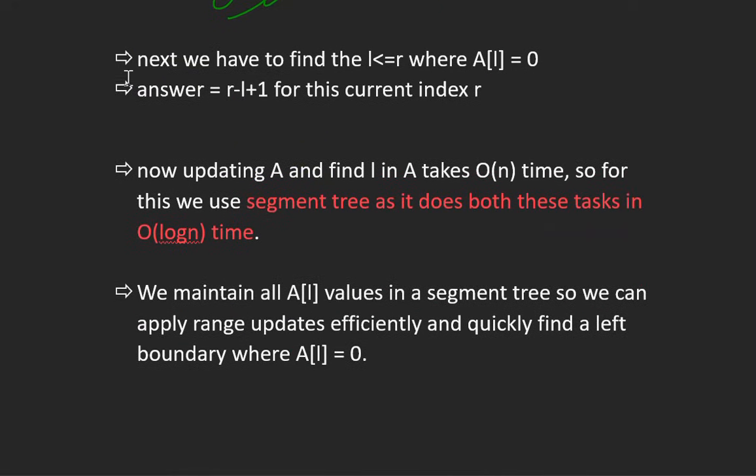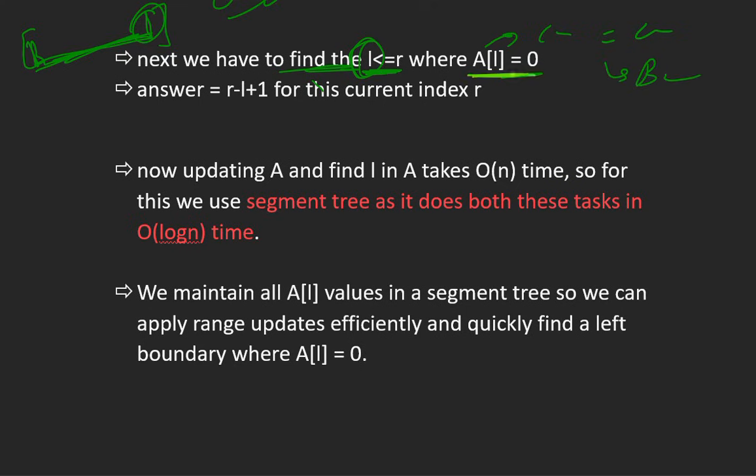So let's move ahead. Once we update the range for the new element, we update all the previous ranges. Now we have to find an index L smaller than r, where a of L is equal to 0. a of L equal to 0 means count of odd is equal to count of even, and that means it is balanced, right?